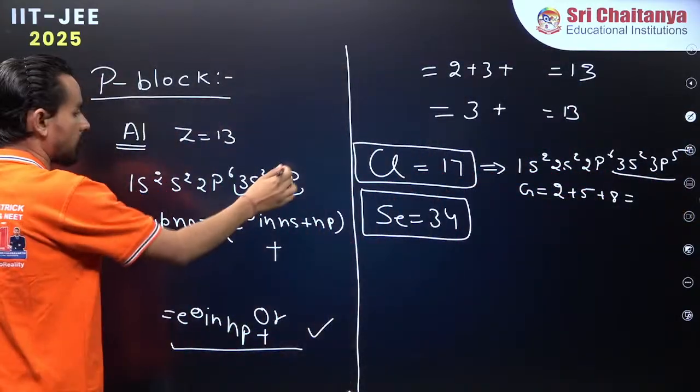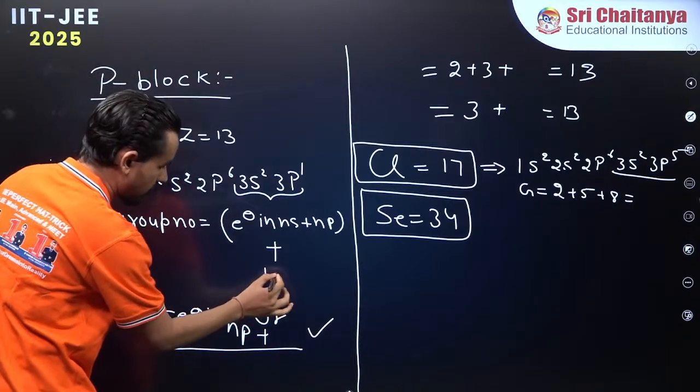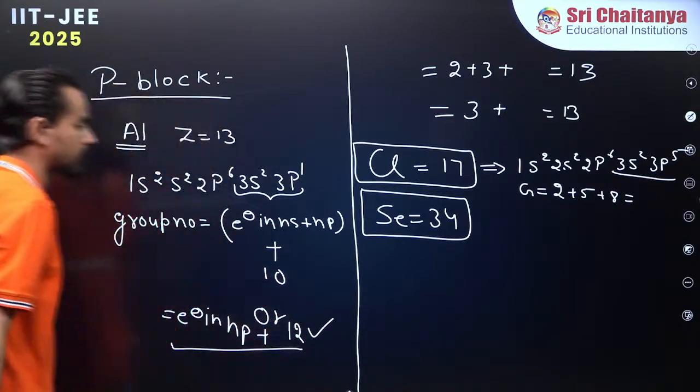First of all, the aluminium configuration we are doing wrong. So here in the formula it should be 10 and here 12. Please update this formula.